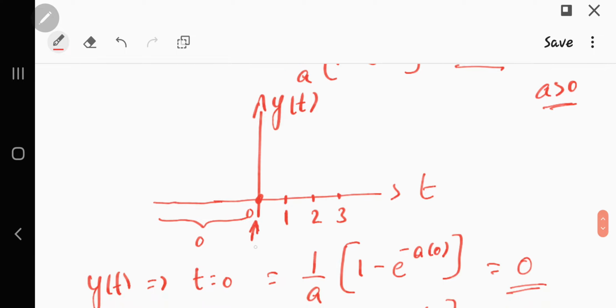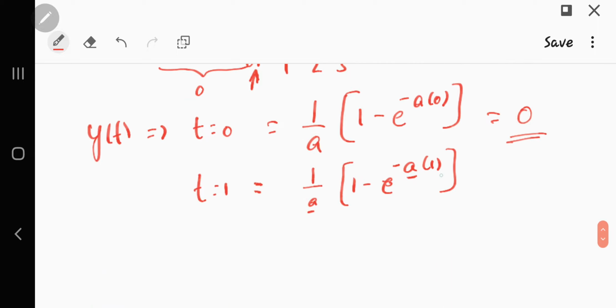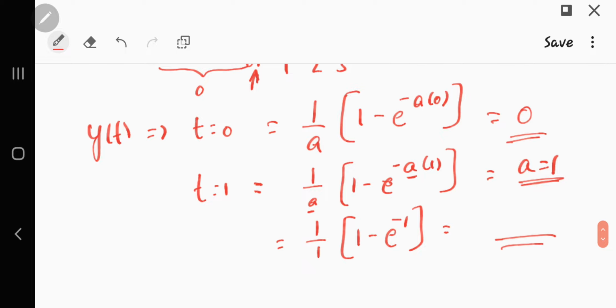Okay. So t is equal to 0 is over. Now I am going for t is equal to 1. So 1 I have substituted, but still I need to substitute the value of a. So a is greater than 0. If you take a is equal to 1 just for illustration purpose, so it will be 1 by 1 into 1 minus e to the power of minus 1. Okay, you will get some value for this.